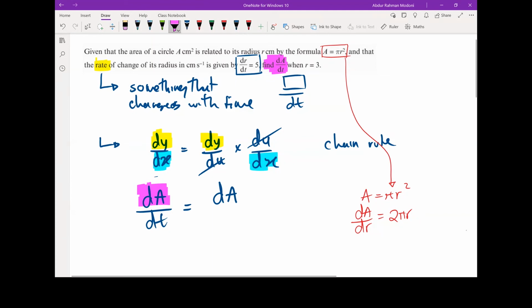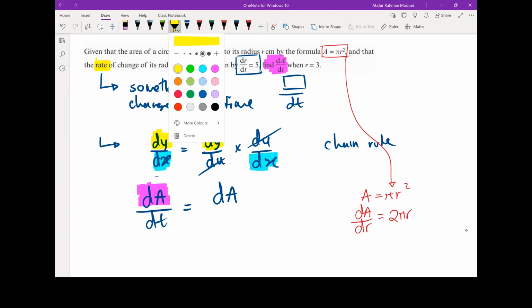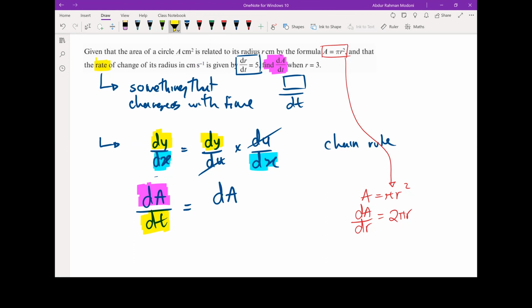Now, on the denominator, we can see that there is already a differential given to us, the derivative dr by dt equals 5. So we've already got a differential involving dt on the denominator. I want dA by something. Well, I've got an equation that is dA by dr, so I'll write down dA by dr from here and highlight that.